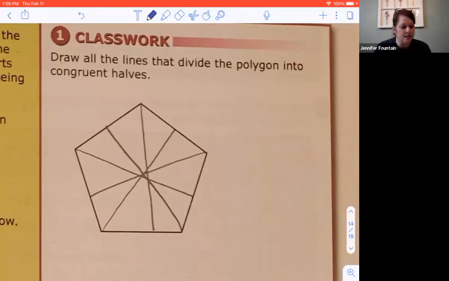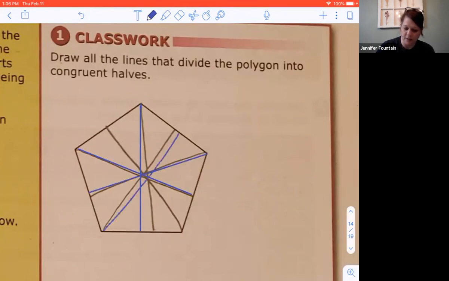And let's look at classwork 1. I've already drawn mine, but you can see, and obviously it's not perfect, I can go from vertex to base, vertex to base, vertex to base, vertex to base.